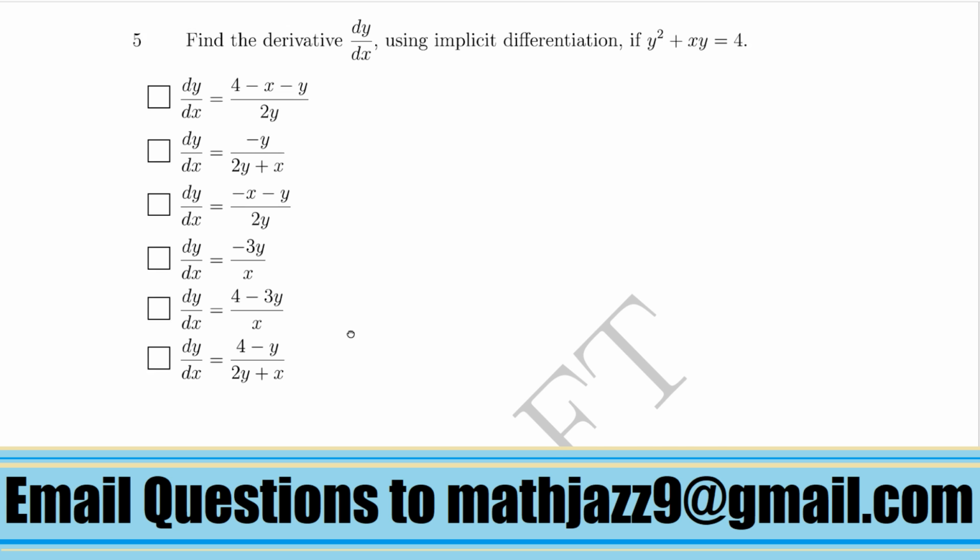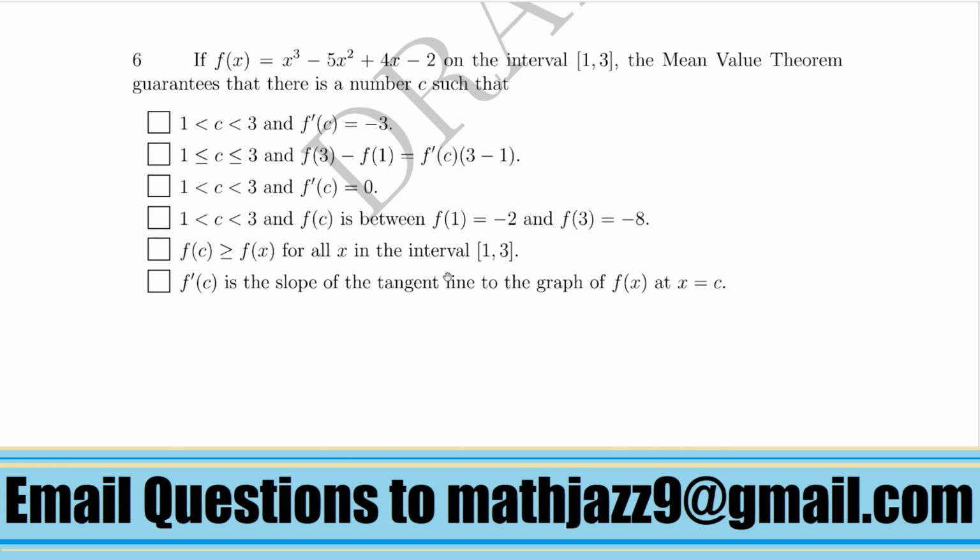So let's look at a new problem. Okay, so we have here, if f of x equals this function, and I will write this function down now, f of x equals x cubed minus 5x squared plus 4x minus 2 on this interval, 1 to 3.